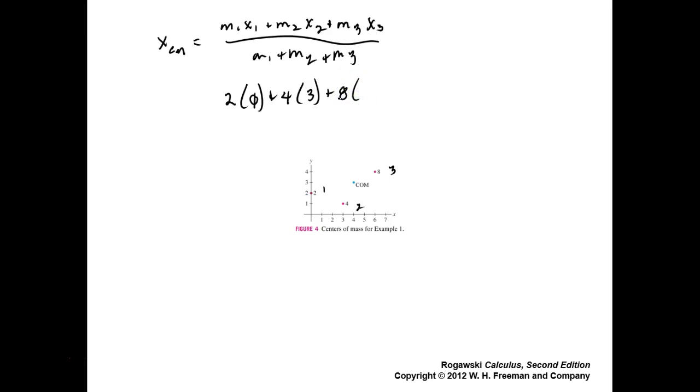And what's your X3? 6. All divided by, can I go and add them up? 14? Okay. So this is going to be 12 plus 48, 60. Is that right? Okay. 12 plus 48 is 60 divided by 14. And if you've got a calculator, see what that is.